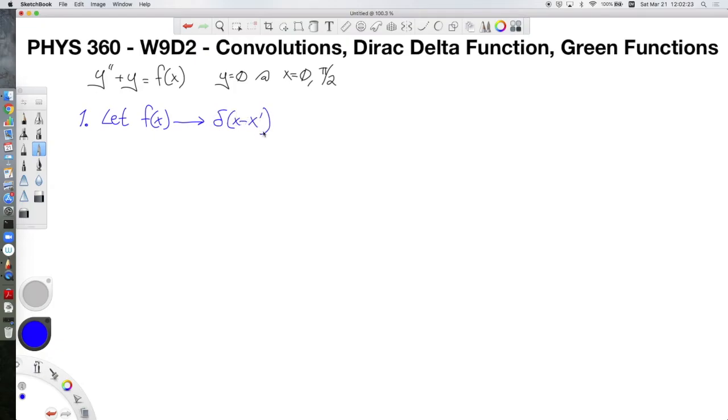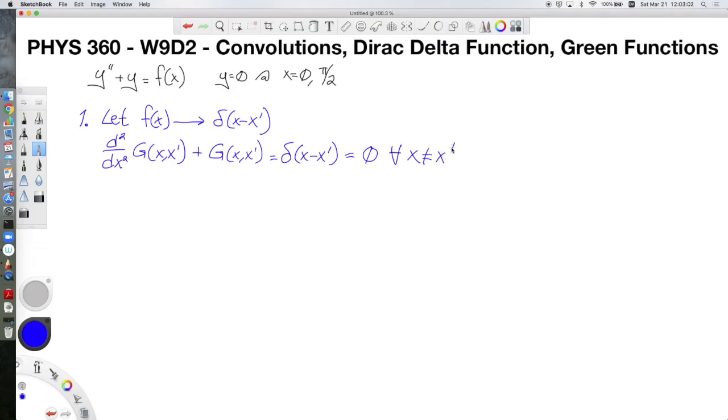So that leaves us with the following: the double derivative in terms of x of our Green's function plus our Green's function equals the delta function x minus x prime, which, as a reminder, equals 0 for all x that are not equal to x prime.